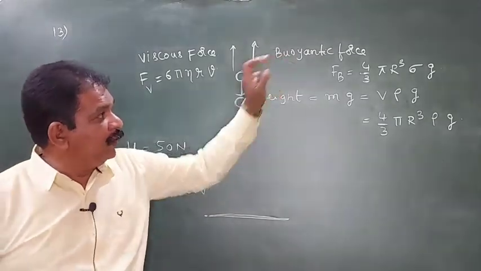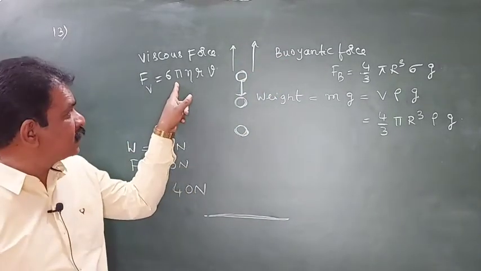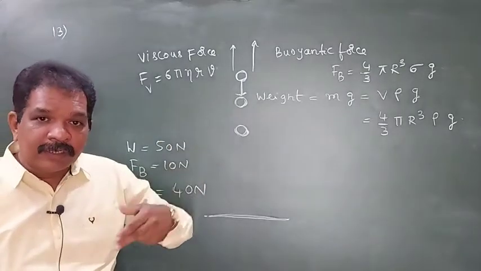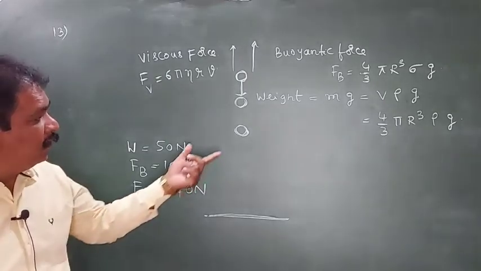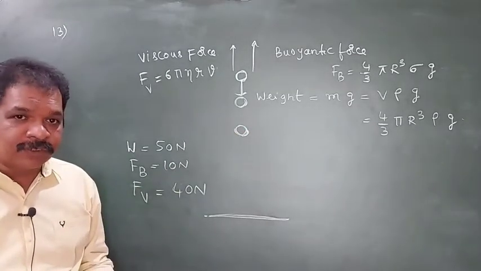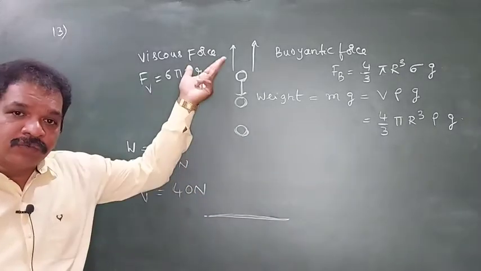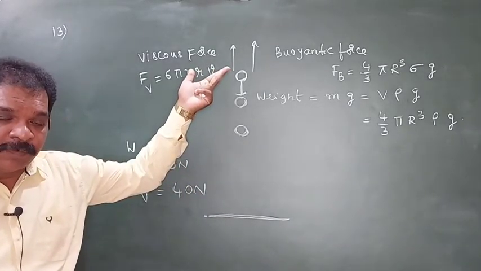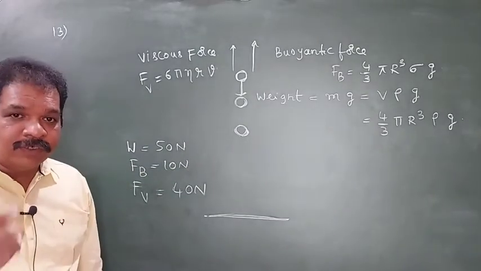Weight and buoyant force magnitudes won't change, but viscous force magnitude gradually increases. Therefore, at some position, net downward force is equal to upward force. Therefore, net force is equal to 0.